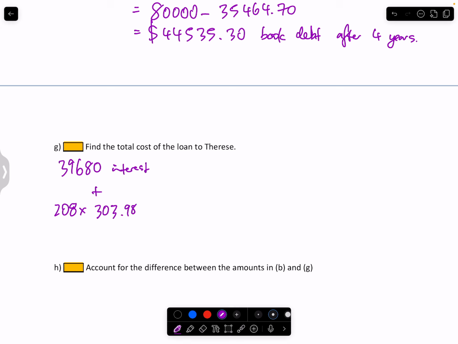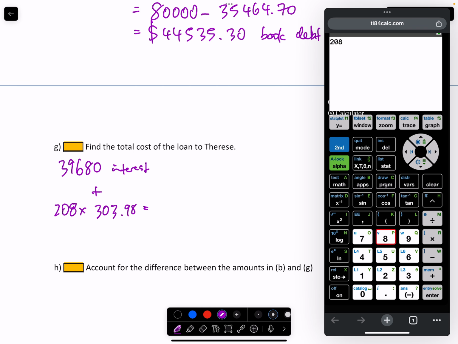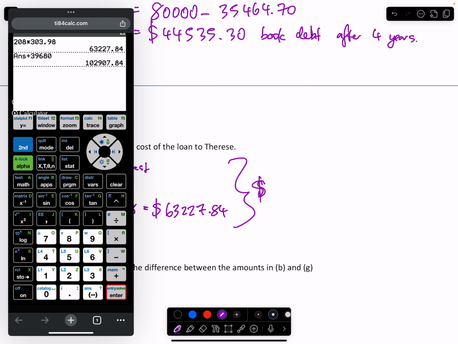So that's going to cost her the money going in the sinking fund. So 208 times 303.98, $63,227.84. So in total, plus 39,680, the total cost it'll cost Therese is $102,907.84. Total cost.